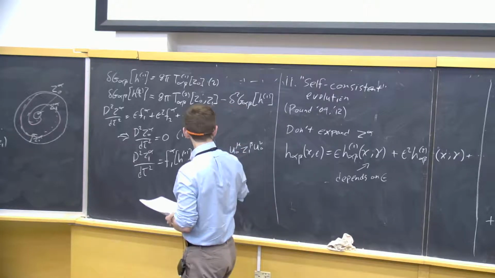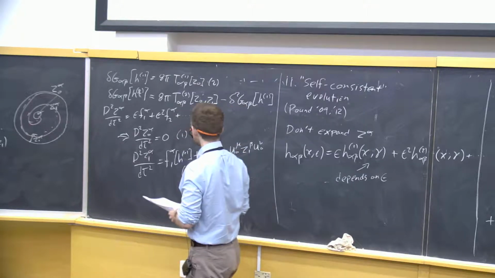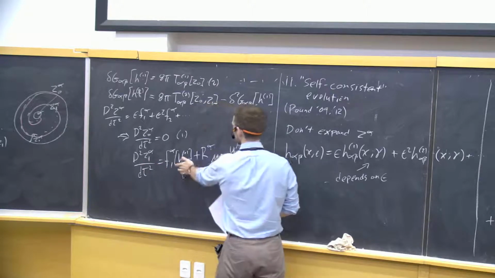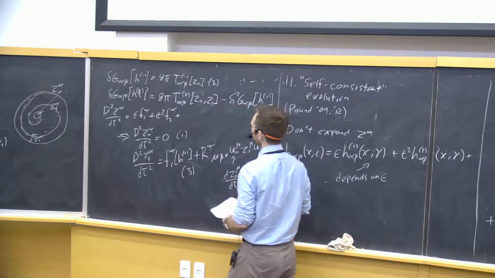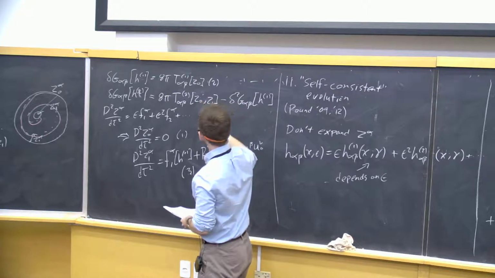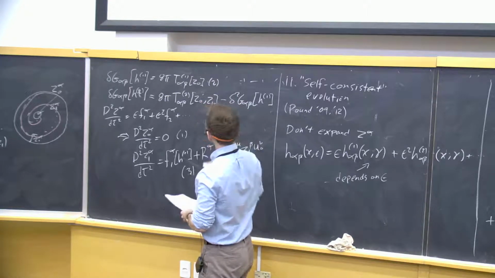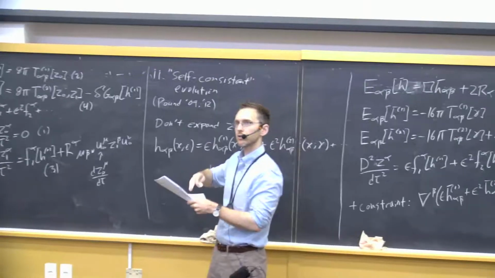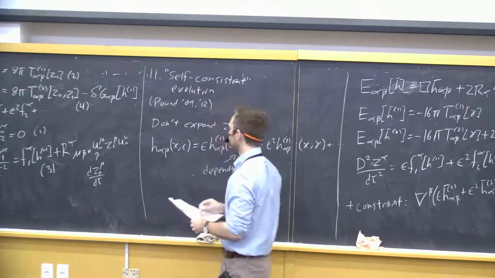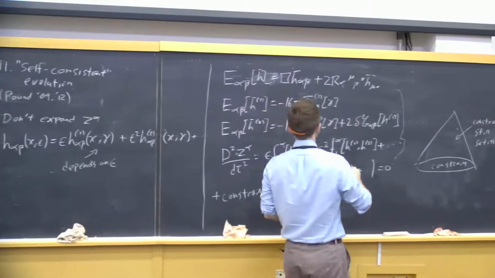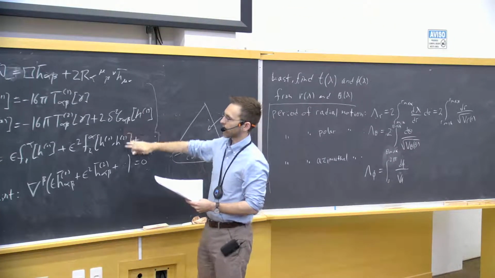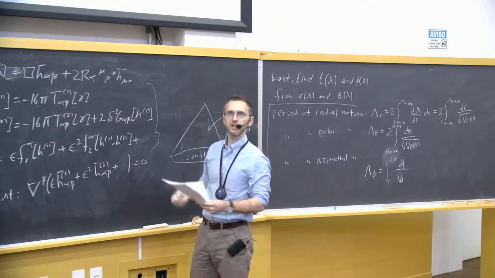You would then go down here and find the correction Z1 that's generated by H1, and then you'd go back to the second order equation for H2. So it's a hierarchical structure. You solve one equation after the other. This setup doesn't have that hierarchical structure. These are just three coupled equations you need to solve simultaneously in some way.